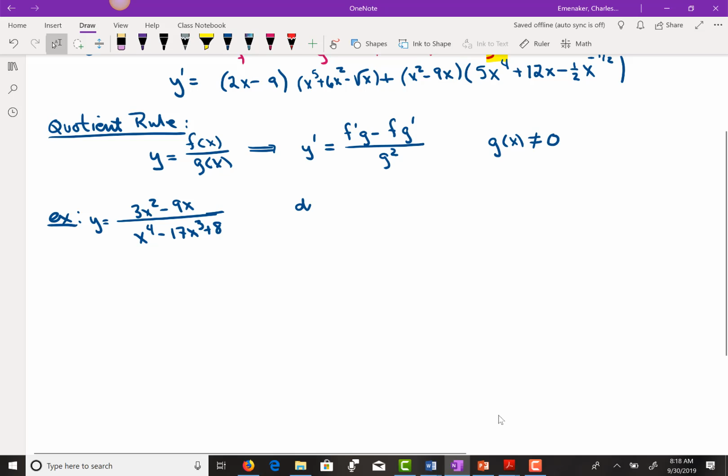So you're asked to compute dy dx equals. Oh, wait a minute. Dy dx is the same thing as y prime, isn't it? This is a different way of writing it. As with the previous one, let's kind of lay things out a little bit. This is going to be f. This is going to be g.